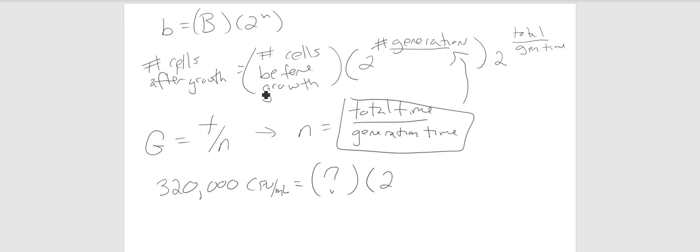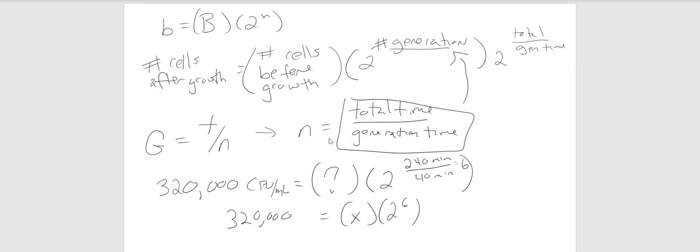And now we've got 2 to the total time, which was 4 hours. 4 times 60 minutes is 240 minutes. And it told us the generation time was 40 minutes. And then we start doing the math. So 240 divided by 40 is going to be 6. So this is saying 2 to the 6th times our x that we're solving for equals 320,000.